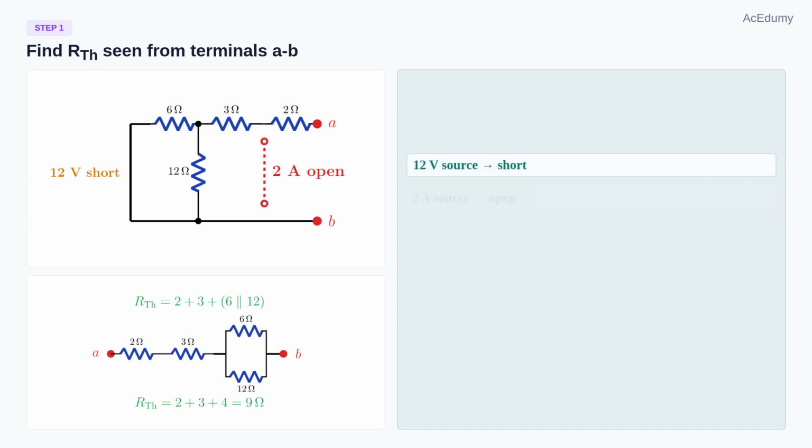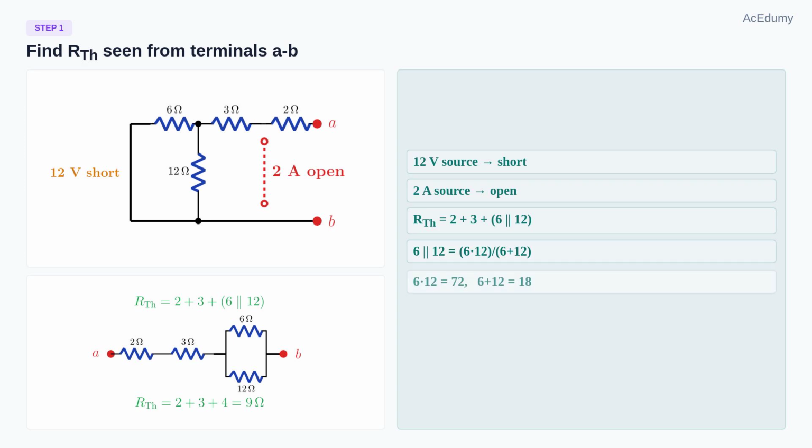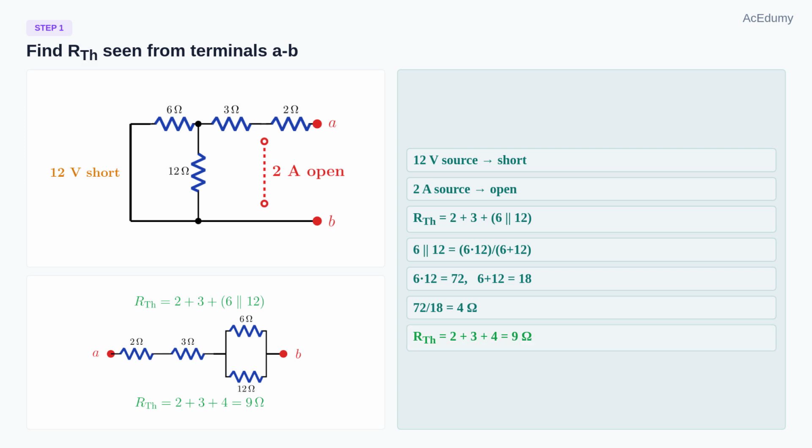Start with Rthevenin. Turn off the independent sources only. The 12-volt voltage source becomes a short circuit. The 2-amp current source becomes an open circuit. Looking in from A and B, the 2-ohm resistor is in series with the 3-ohm resistor. After that, the 6-ohm and 12-ohm resistors are in parallel to the bottom node.